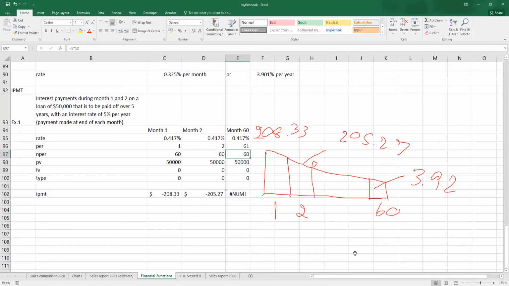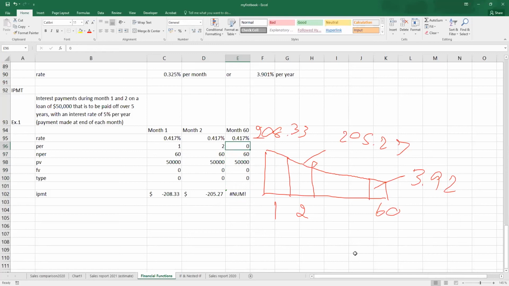No more debt in month 61. What about month 0? Month 0 is not possible as well, because on day 1 that you borrow the money from the bank you don't have to pay the debt yet. The debt starts on month number 1.